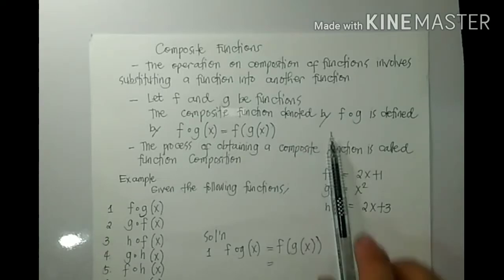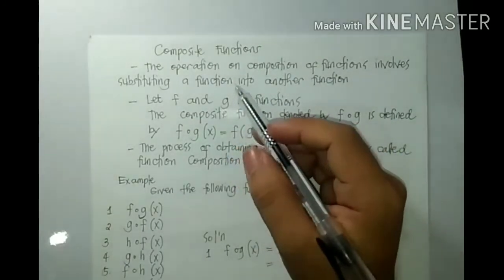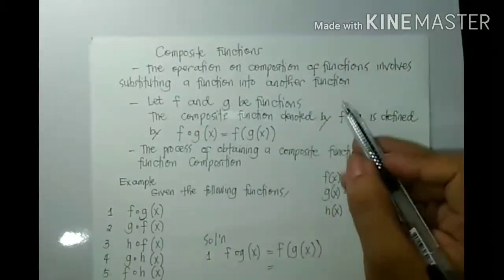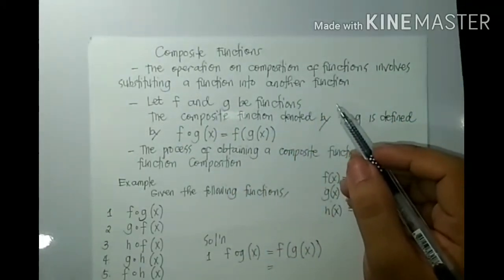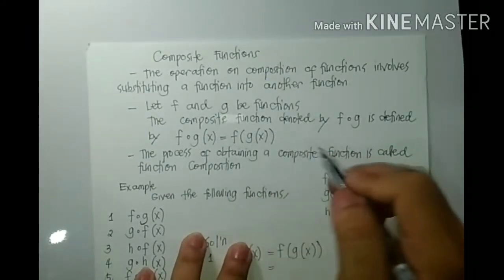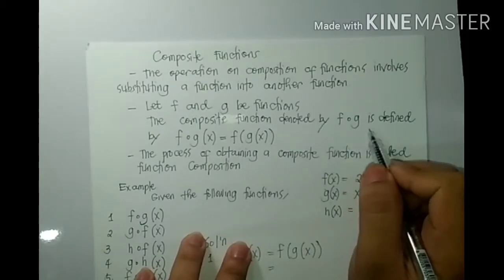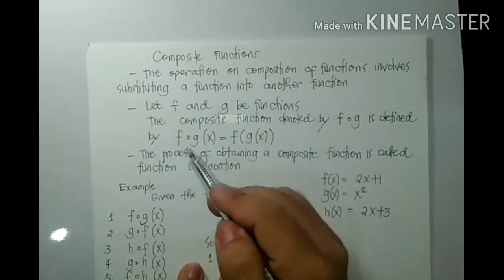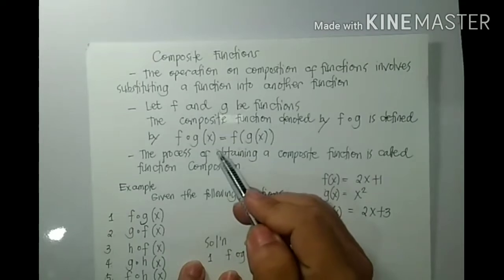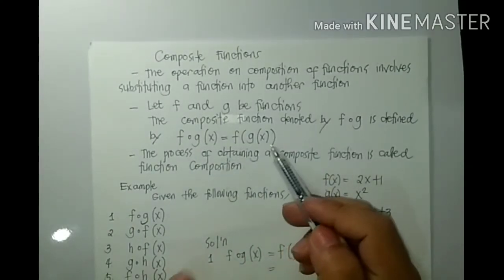So the operation and composition of functions involves substituting a function into another function. Let f and g be functions. The composite function denoted by f composed with g is defined by f composed with g of x is equal to f of g of x.